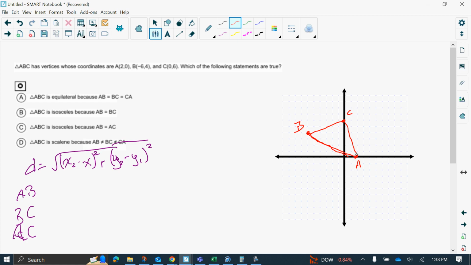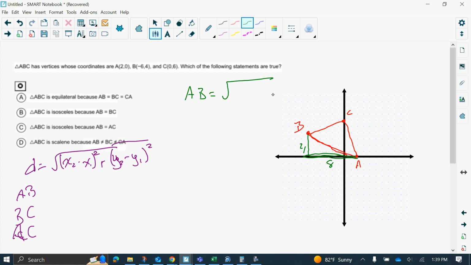Okay, now for AB, I'm going to make this little right triangle. Well, to get from here to here, that's 2 and 6 more, so that's a distance of 8. To get from there to there, that's 4. So for AB, I'm doing this part with the Pythagorean theorem.